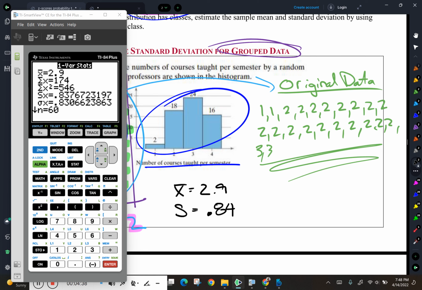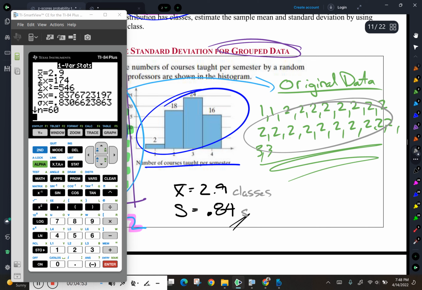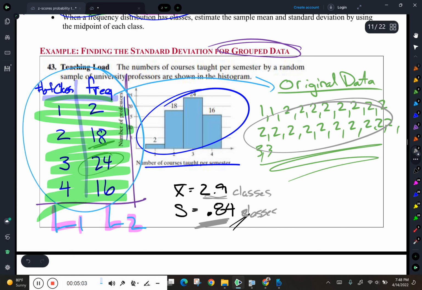So the typical or average person teaches 2.9 classes with a variability that's relatively small, less than 1 class. Remember, the units on this are the same as the units here. These are the classes taught. So 2.9 classes and 0.84 classes. This is not a very big number, but then this isn't very big either. So I'm not sure if this is a lot of variability or a little variability.